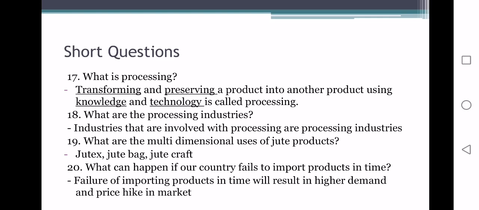You have to transform and preserve one product, and you can transform or preserve that product from one product to another by using knowledge and technology, and all this process is known as processing. The industries involved with processing are known as processing industries. The following question asks about the definition of processing industries, like what are processing industries? You have to write that industries that are involved with processing are processing industries.